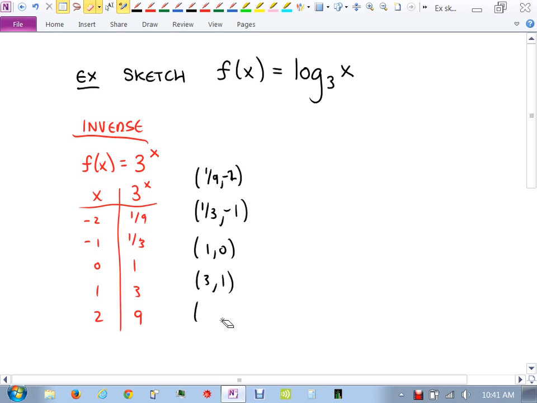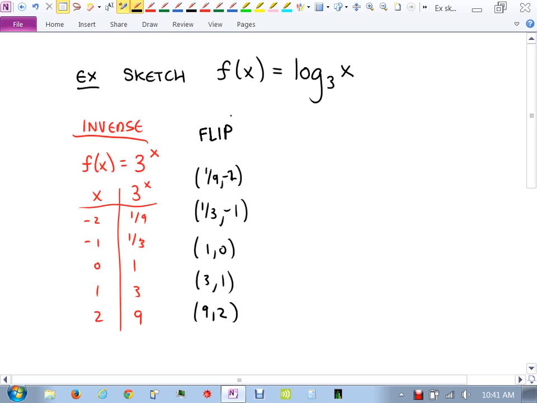What am I doing? 9, 2. Flip them. I forgot my drink today. Okay. Flip the points. Flip the ordered pairs. If you graph that, it should be correct. It should be what we're looking for.